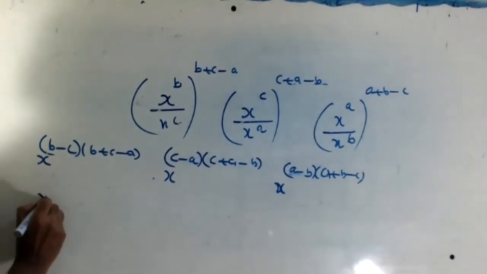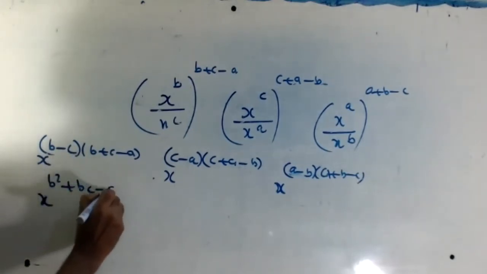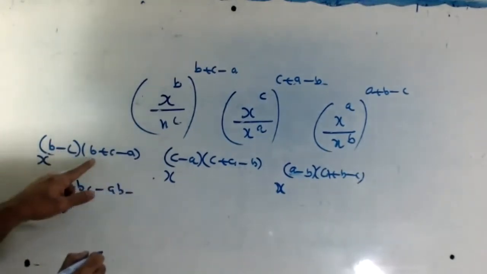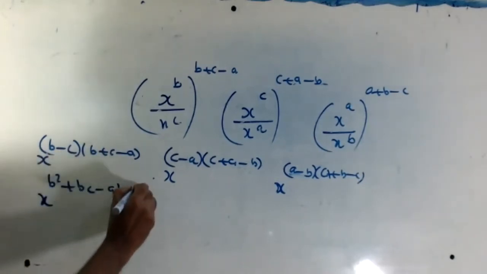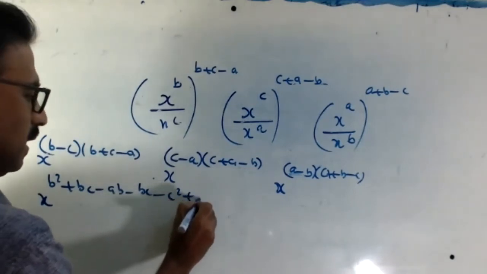Look here. x raised to b into b: b square plus bc minus ab minus bc minus c square plus ac.